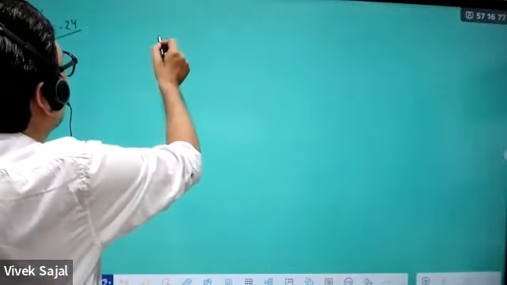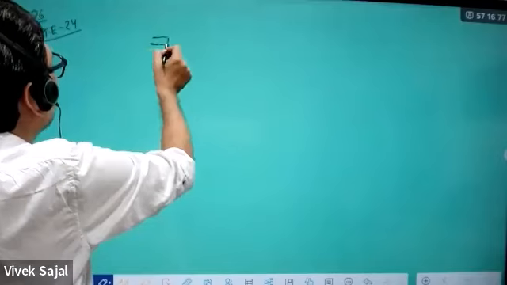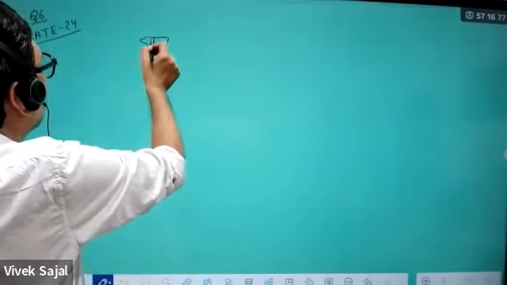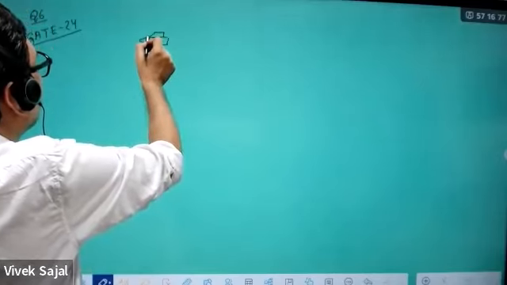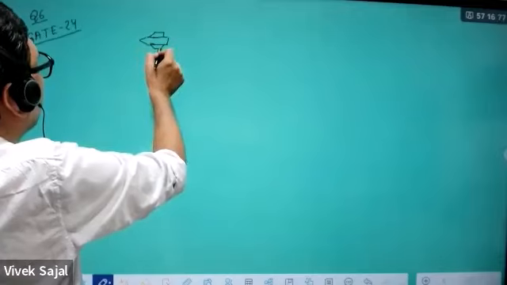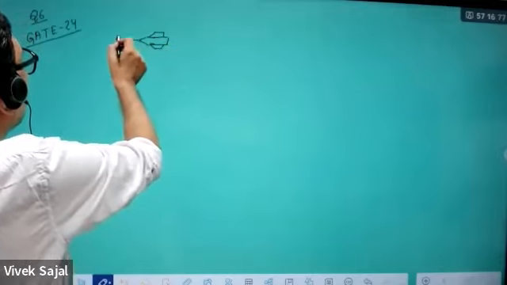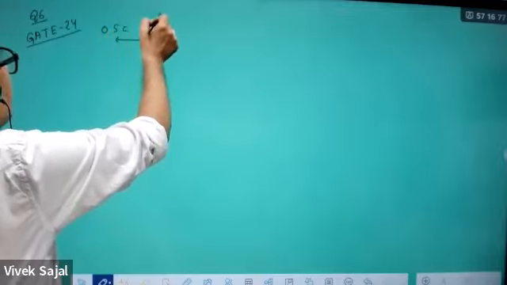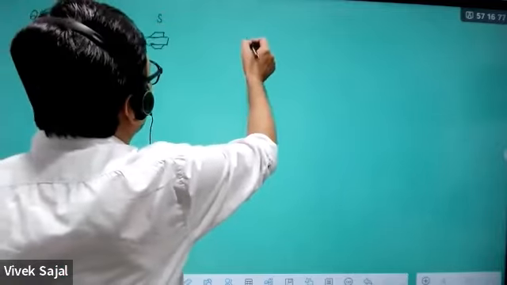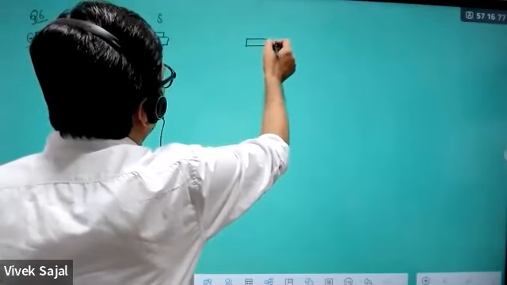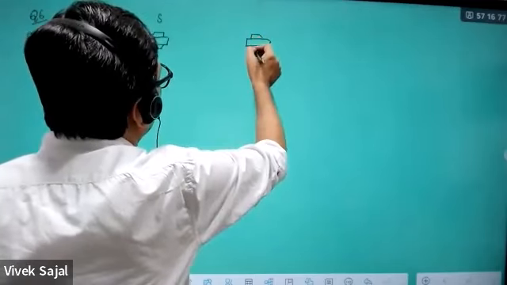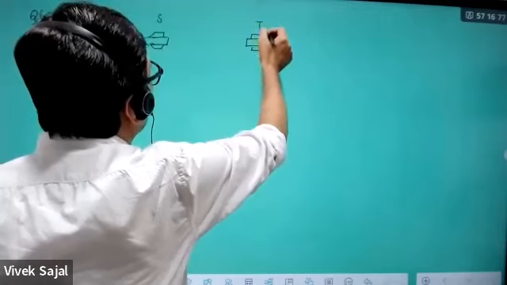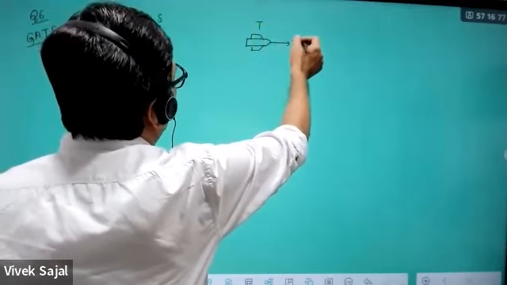You can say one is moving in this direction, with 0.5 c. This is S. There is another one that is moving in this direction. This will be T. It is also moving with 0.5 c.